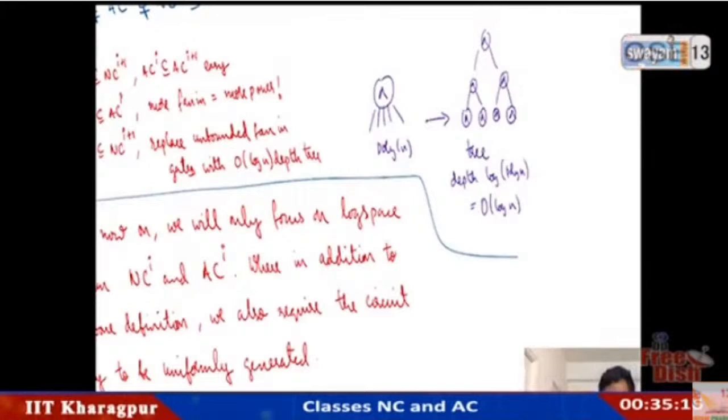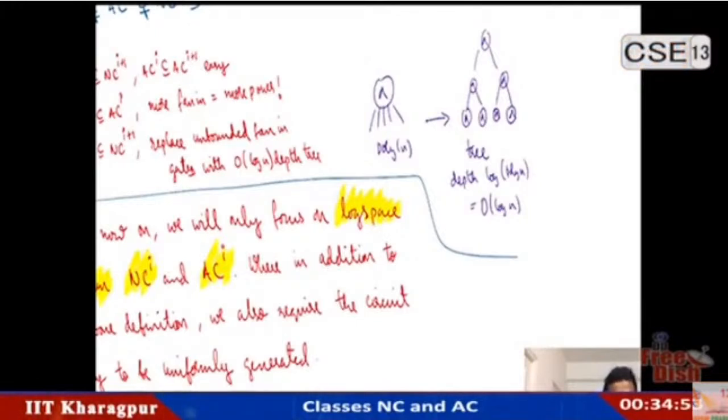But now let us focus on log space uniform NC and AC. From now on, we will just stick to log space uniform versions of NC and AC, okay? Which means that in addition to what we have defined already, we require that the circuit family must be uniformly generated by a log space algorithm.